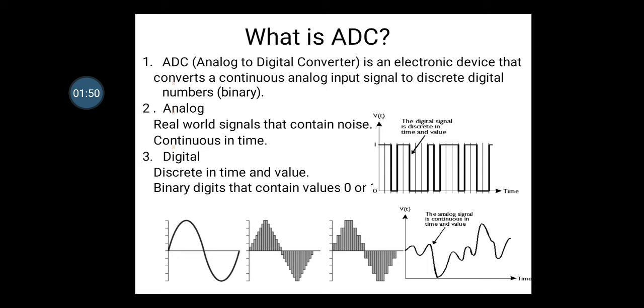Also you can see the analog signal. An analog signal increases in voltage gradually, reaches the highest point, and then again comes to zero, and then goes to negative voltage, reaches the highest negative peak, and again returns to zero.